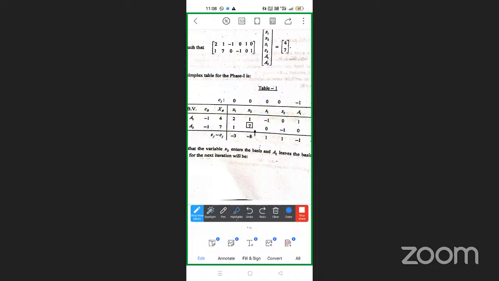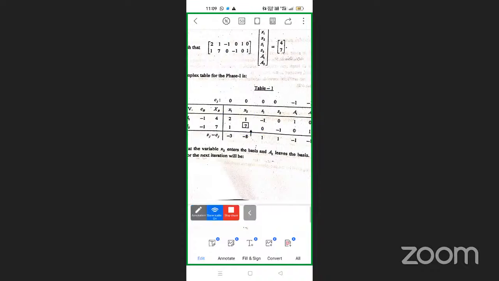Next we choose the outgoing vector using the minimum ratio, which is XB by the x2 column: 4 by 1 and 7 by 7, that is 4 and 1. The minimum element is 1, so the outgoing vector is a2, the second artificial variable. Is that clear?